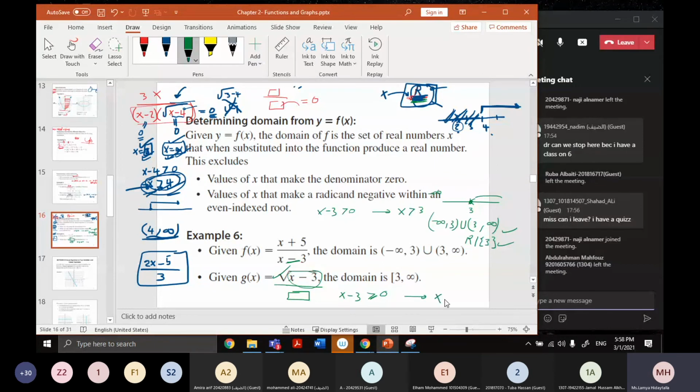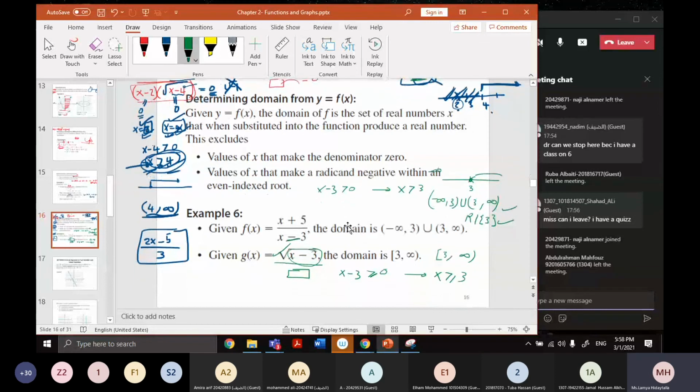That means x should be greater than or equal to 3. So you can put it like that, or like this, 3 and up to infinity. So hopefully it's clear. Yes.